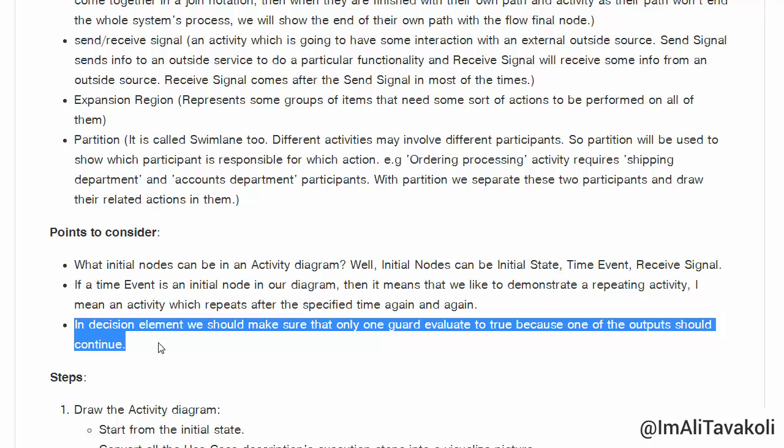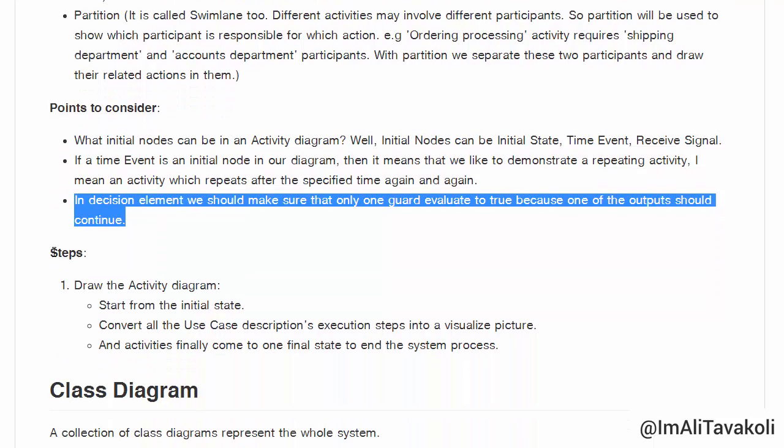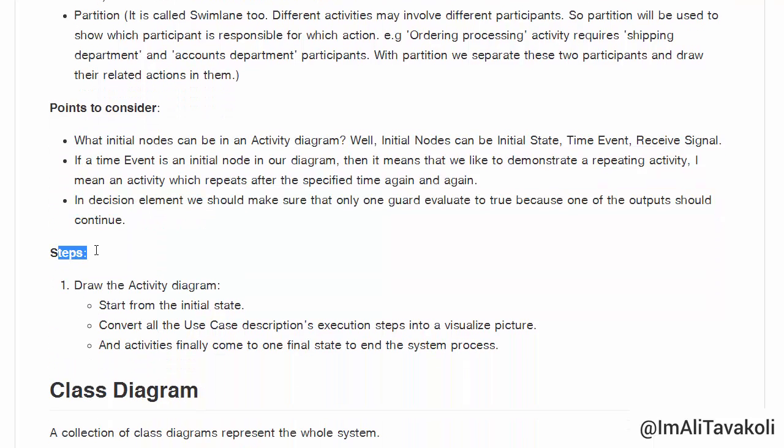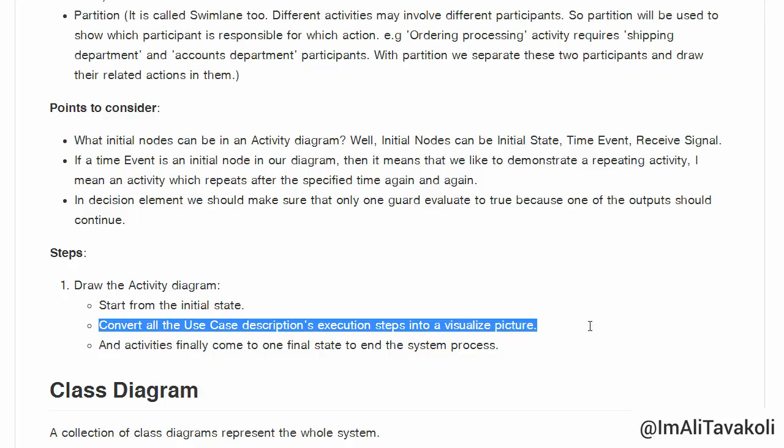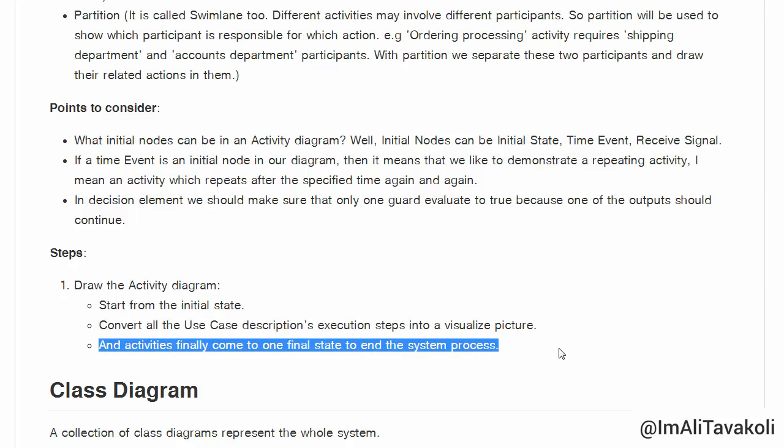All right. So what are the steps to draw an activity diagram? Step one is to start from the initial state, and then we can convert all the use case descriptions and execution steps into a visual picture. And finally, activities come to one final state to end the system process.